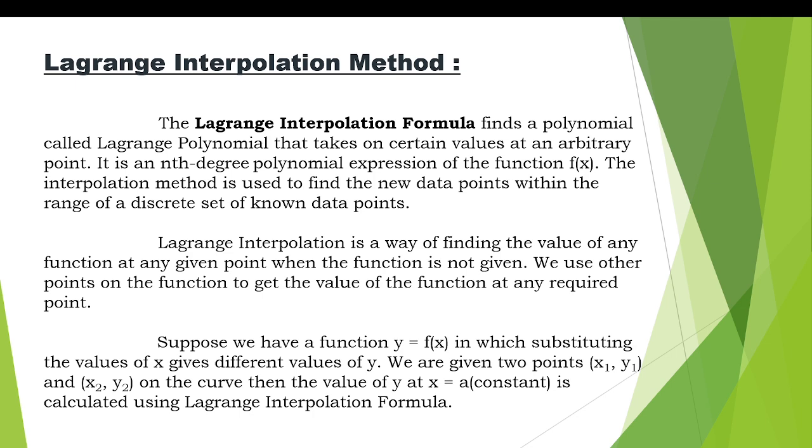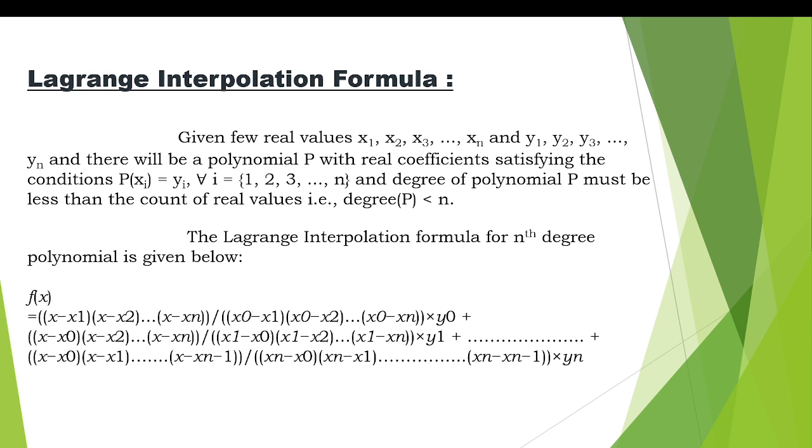We are given say two data points, that is x1 y1 and x2 y2 on the curve. Then the value of y at x is equal to a, which is a constant, is calculated using Lagrange interpolation formula. Here I have written Lagrange interpolation formula.